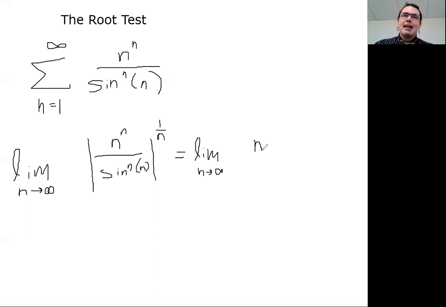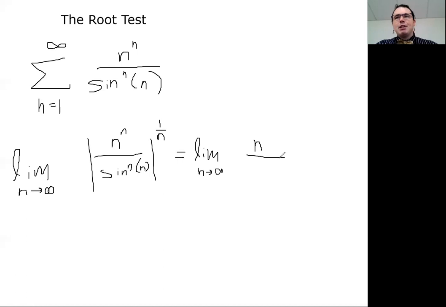I'm taking the nth power of this quantity, then I'm taking the nth root of the same quantity. Those operations cancel each other out. And I would have absolute values here, except that once again, my n is a whole number, so that's redundant.